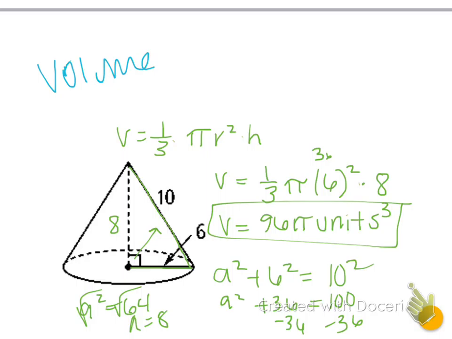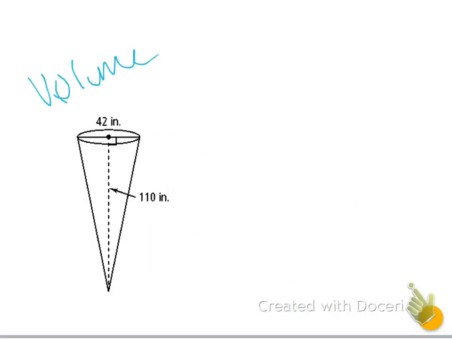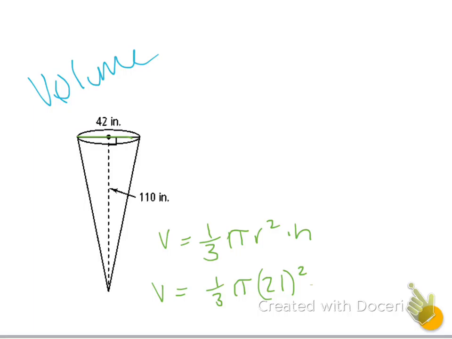Okay, so our volume equals 1/3 pi r squared times the inside height. So V equals 1/3 times pi times my radius. All the way across is 42, so we need to cut it in half. So 21 squared times my inside height. That inside height is right here because it's the one creating the perpendicular line, so times 110. 21 squared is 441.